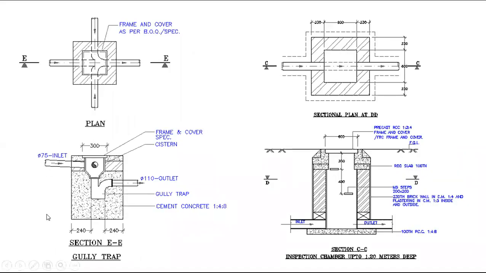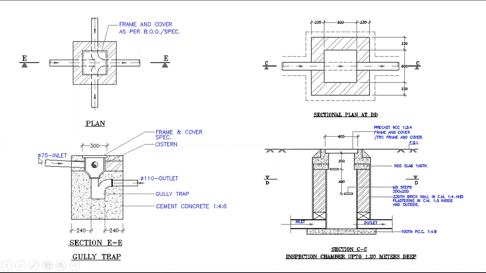For the gully trap design, this is a plastic piece of trap. You will get this shape in the store as a gully trap piece. Around the gully trap piece, they will make concrete and keep it in the ground wherever required.